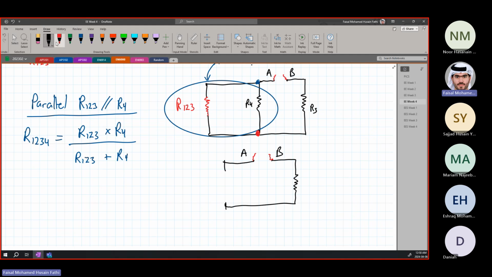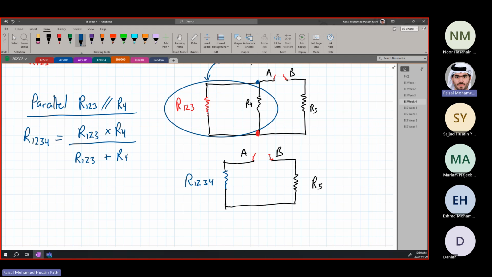Are these two in parallel or are they in series? أزرق هذا, this resistor over here. اللي هو R5 and R1234. Parallel, series?